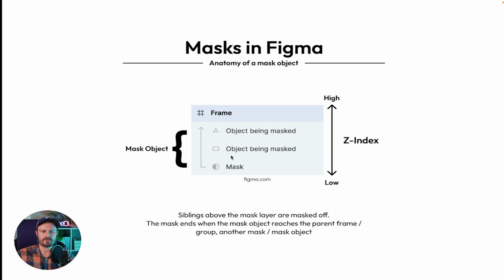However, all of the layers that you gather together will be placed into a mask object. And the mask object in this case is three different layers. We have the actual mask layer at the bottom, and then two additional layers that are being masked. And the entirety of this is called the mask object, not the frame here at the top, not the parent.